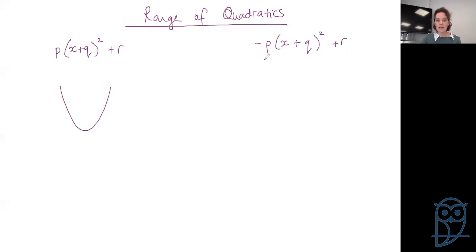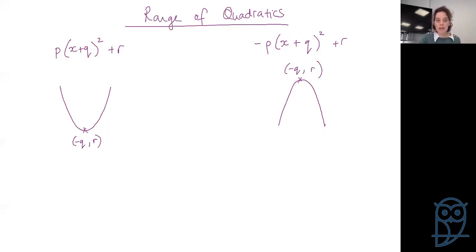The second one, negative x squared, we would have a very sad graph. Okay, but here, this is (minus q, r). Remember, vertex always comes directly straight out of completed square form. So again, (minus q, r). Change the sign on the one in the brackets, keep the one outside the brackets.